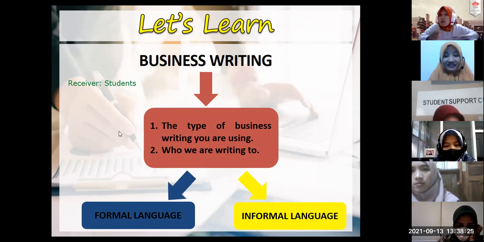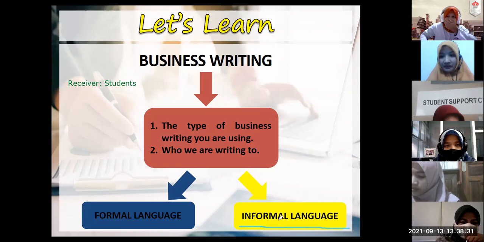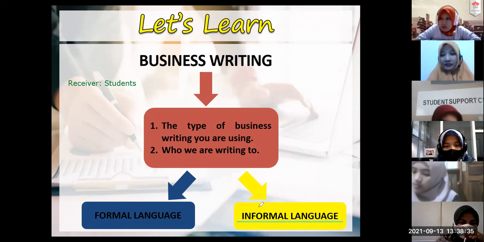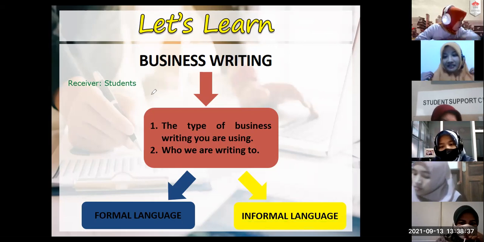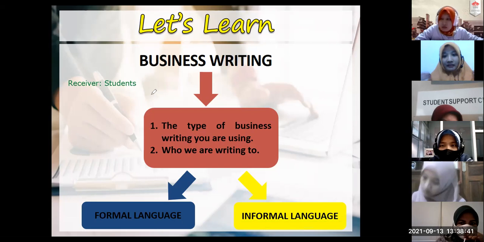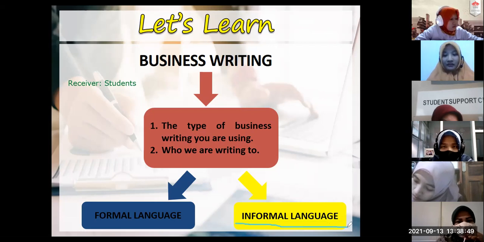And then when do we use the informal language, perhaps? Miss Juwita, can you answer when do we use informal language to the students? Before, Miss Tita said to us about academic purposes and also university announcements. And when do we use informal language to the students?